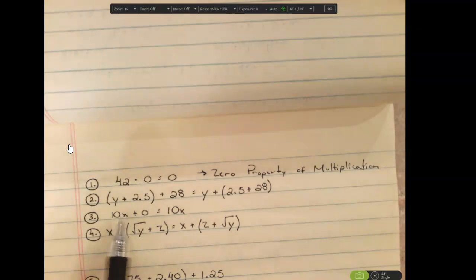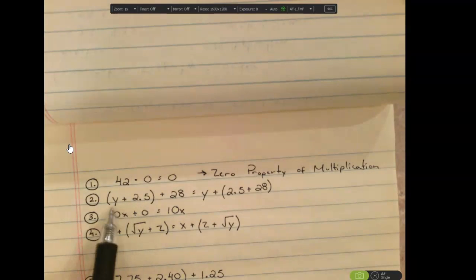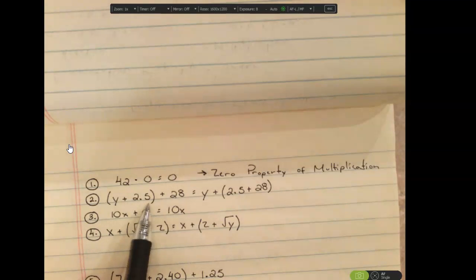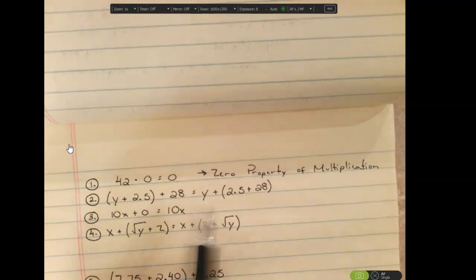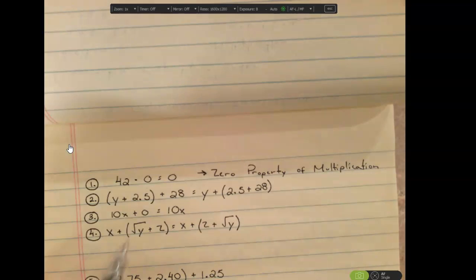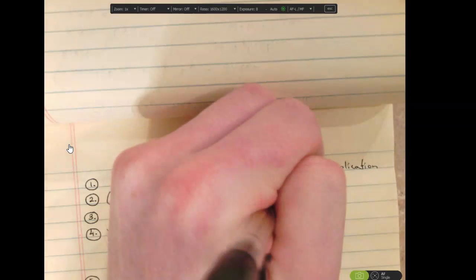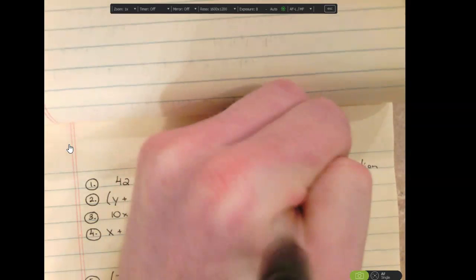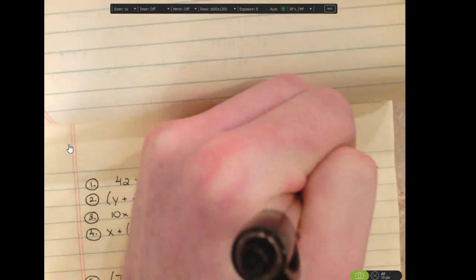Let's look at number 2. With this problem, we had y plus 2.5 plus 28 equals y plus 2.5 plus 28. So it's the same thing on the left as the right, except this time the parentheses are in a different spot. Remember, this is grouping. Anytime we group something, we're working with the associative property.